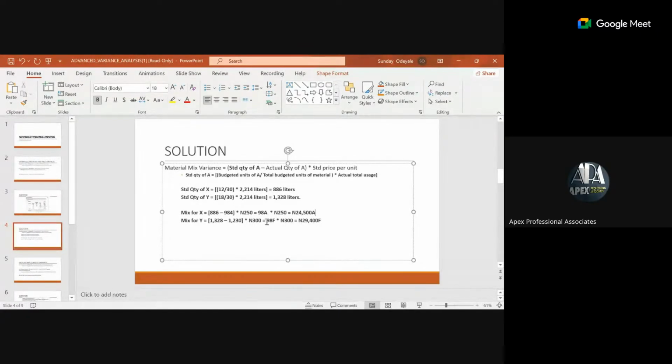Now, why did I bring out this adverse and favorable? Before you multiply by your price, the summation of all your mix must give you 0. It is a must. So if you add negative 98 and positive 98, you will definitely get a 0. Now, if you have 9 different raw materials, if you add all their mix together, note before you multiply by the price, because you are multiplying by different prices, the actual will not give you 0.